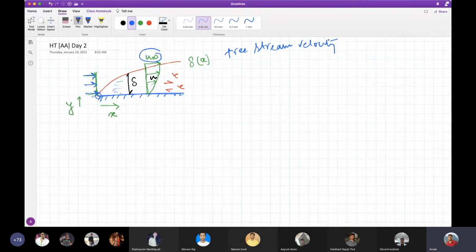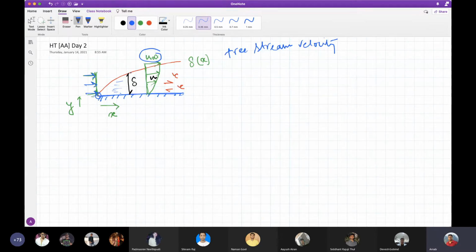Down the line, in the direction x, the x velocity component of the fluid changes with increasing distance y from the surface, and thus this u actually takes the velocity u infinity, which is the free stream velocity.